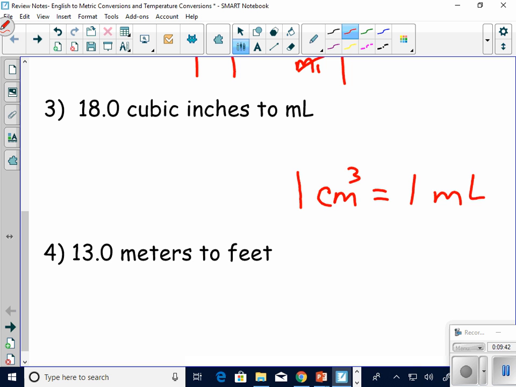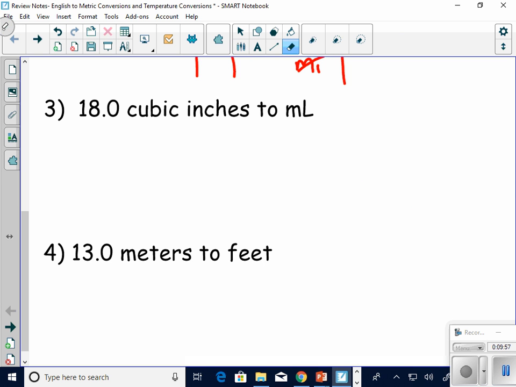So if I convert this into cubic centimeters, I'm actually converting it to what? Milliliters. Okay? I'm actually converting it to milliliters. So let me get that out of the way here.